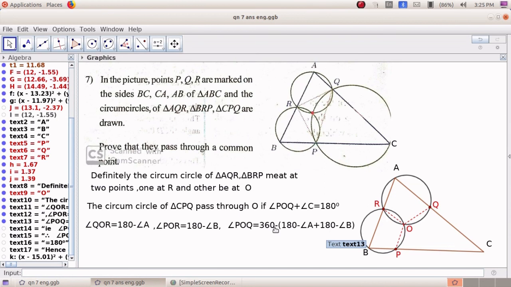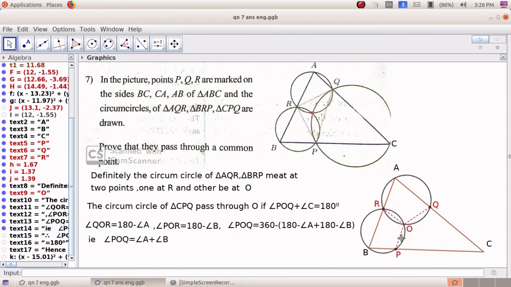On getting this minus, it will be minus 360, which will be cancelled by this 360. Therefore, inside the bracket, on getting minus angle A minus angle B, it will be plus angle A plus angle B. That is the measure of angle POQ. Therefore, angle POQ is equal to angle A plus angle B.